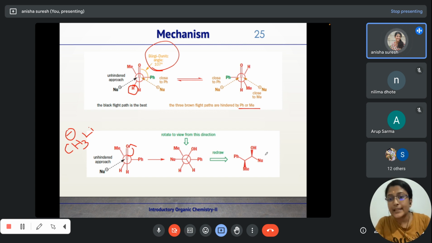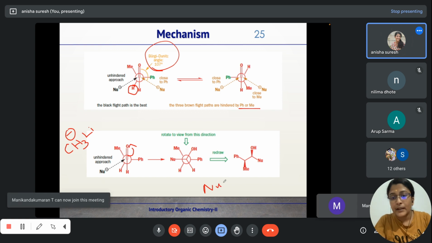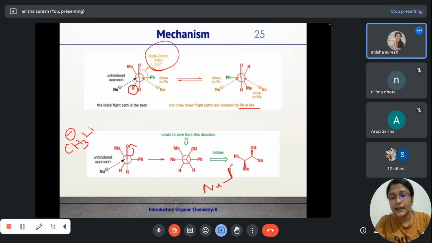We are redrawing in such a fashion that, see, these groups are coming in the plane. So first we will see nucleophile. Now the hydroxyl group is coming above. Then this methyl group is also coming above, and then Ph.